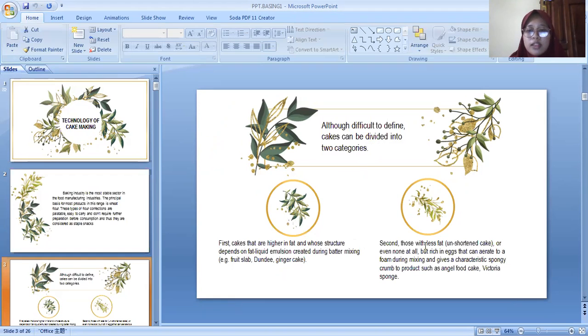Second, those with less fat and rich in eggs that can be whipped to a foam during mixing and give a characteristic spongy crumb to products such as angel food cakes and sponge.